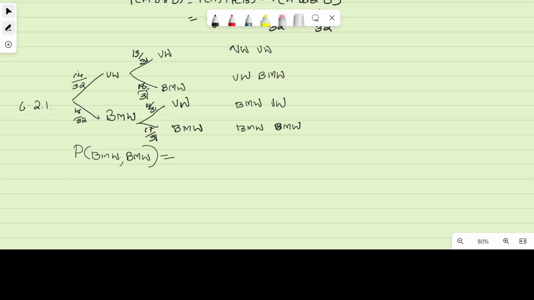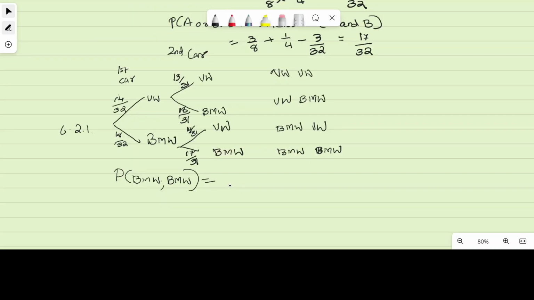So the probabilities of the second branch are very important. Denominators are only 31 because the first branch shows the first car stolen and the second branch shows the second car stolen. Okay, now we look at the tree diagram to write the answer.